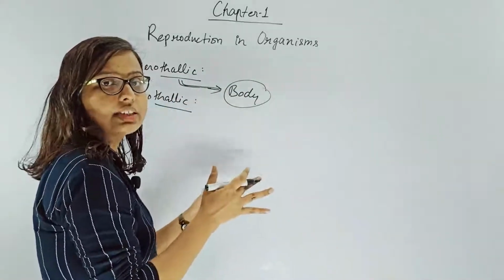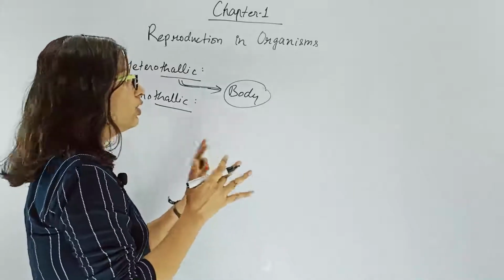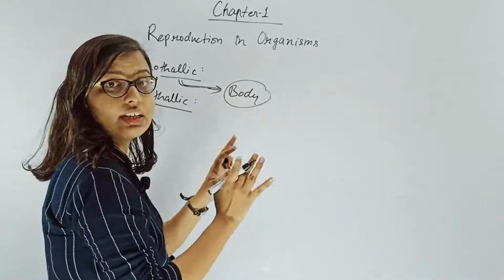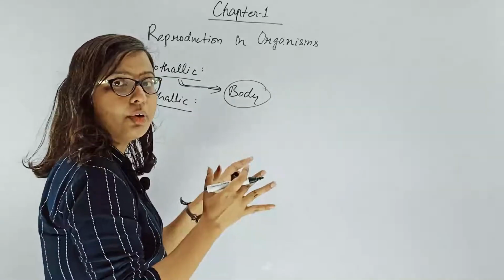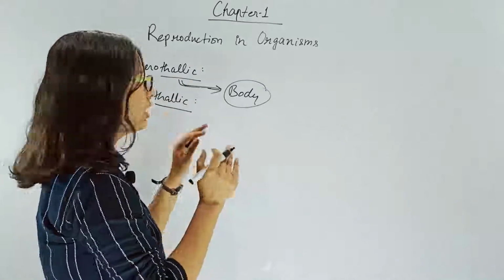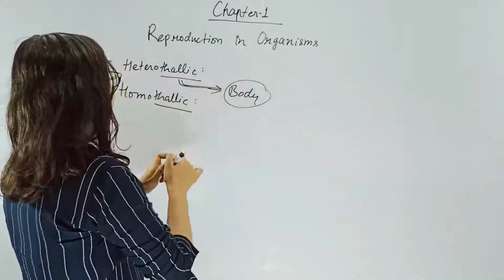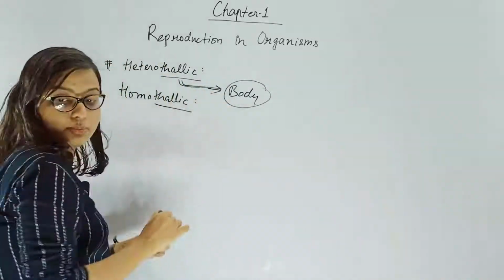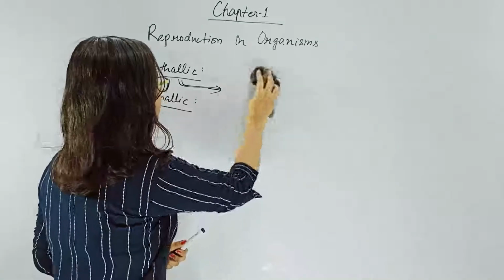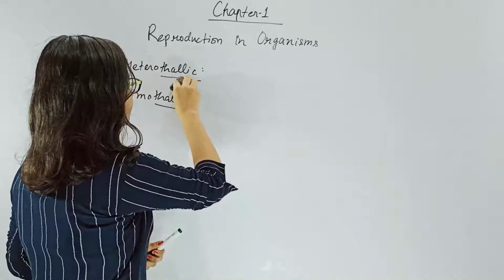In lower plants such as algae, you won't use the term plant body, but instead you will say thallus. So thallic means body. Now heterothallic and homothallic are associated with two different body forms.